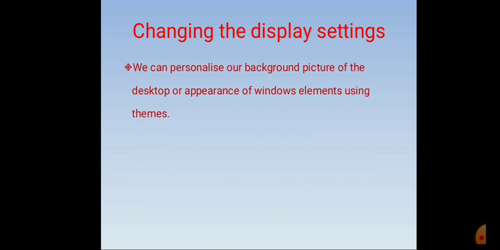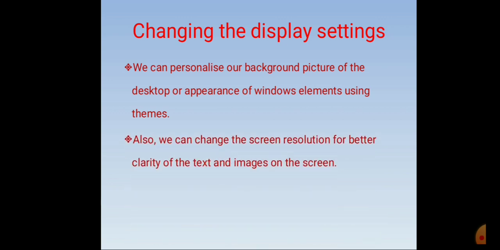Let us move into the first topic, changing the display settings. We can personalize our desktop background picture or the appearance of Windows elements using themes. We can also change the screen resolution for better clarity of text and images.